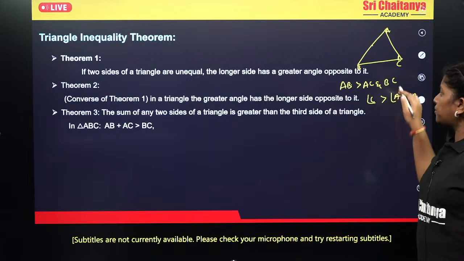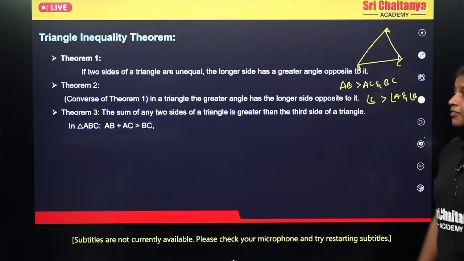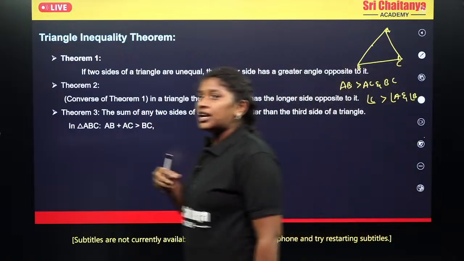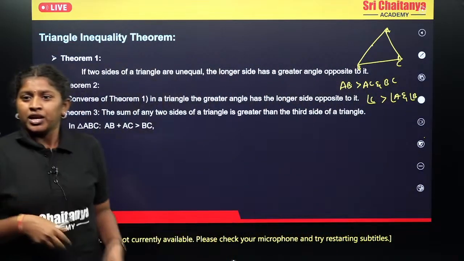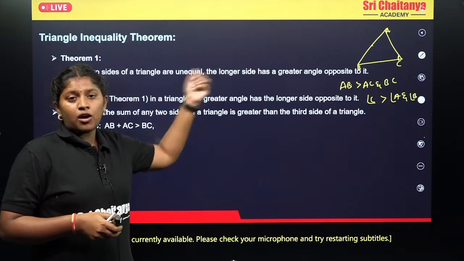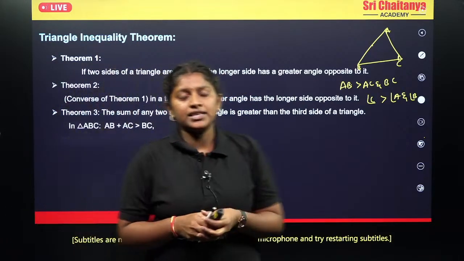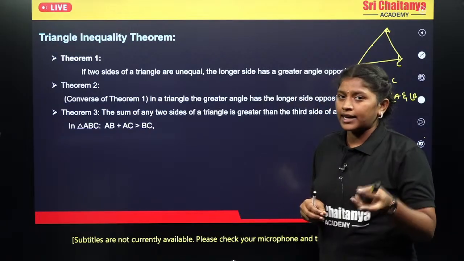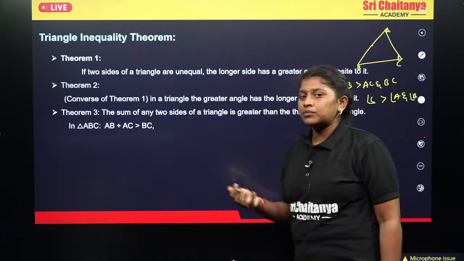So we use the first theorem, which says if two sides of the triangle are unequal, then the greater angle is opposite to the larger side. Simply, the angle opposite to the longer side will be the greater angle. Coming to the second one, which is the converse.